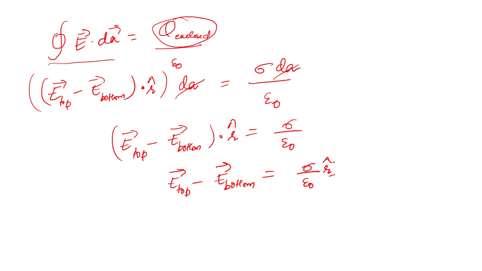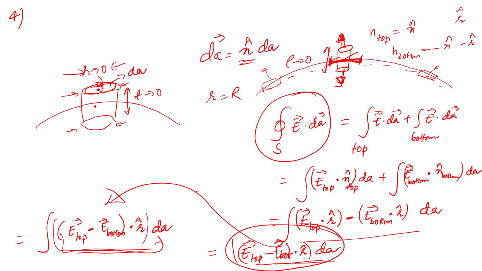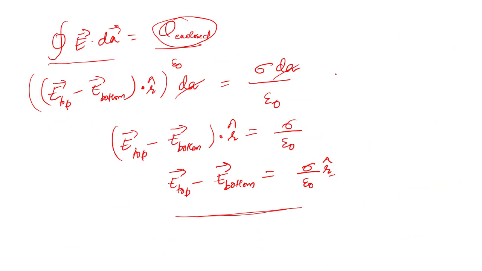Here, while doing this, we are essentially taking only the perpendicular component of the electric field, because we are looking at the electric field at the top and bottom. We don't have any contribution from the tangential part of the electric field, and we do know that the loop integral of E dot dl is 0, right?